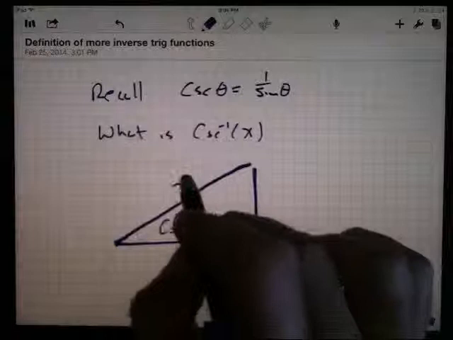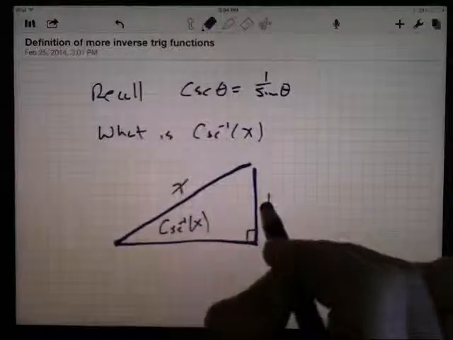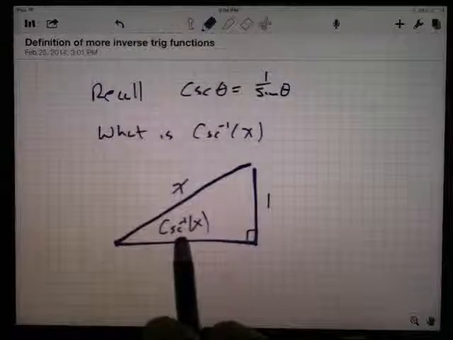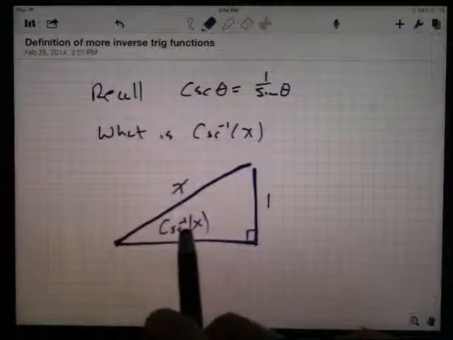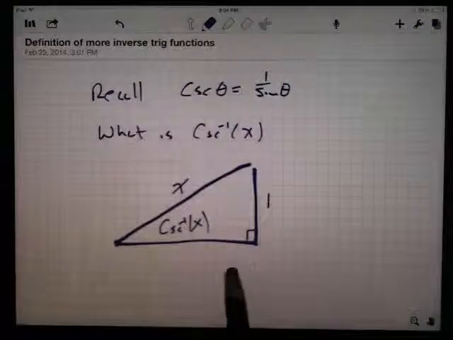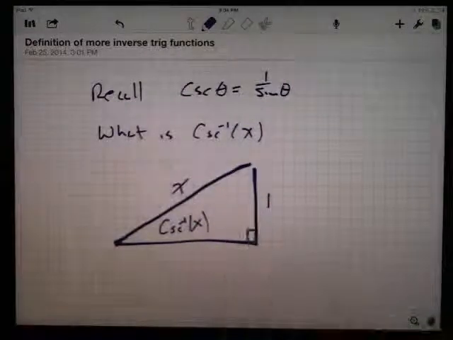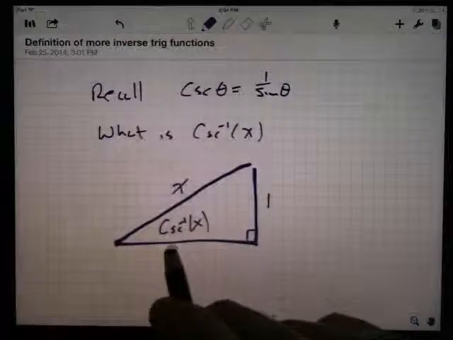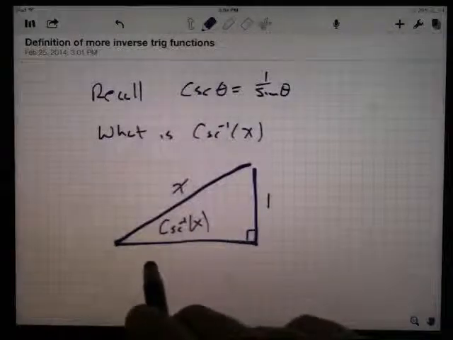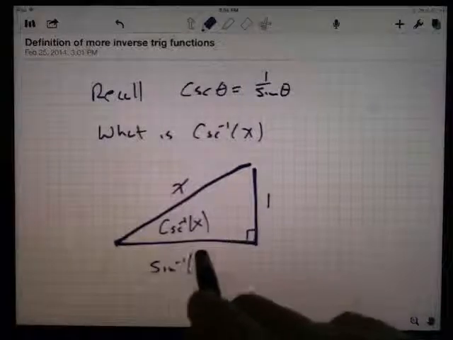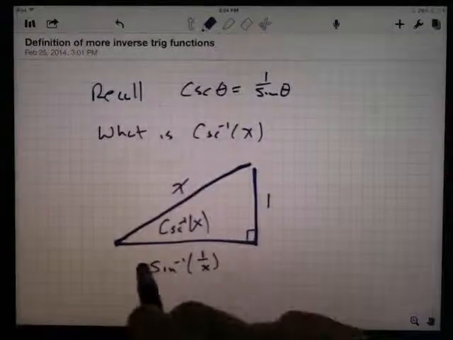So if I make this x and this 1, then yes, indeed, the angle right here has a cosecant equal to x over 1. So it is the inverse cosecant of x over 1. It is also the angle whose sine is 1 over x.